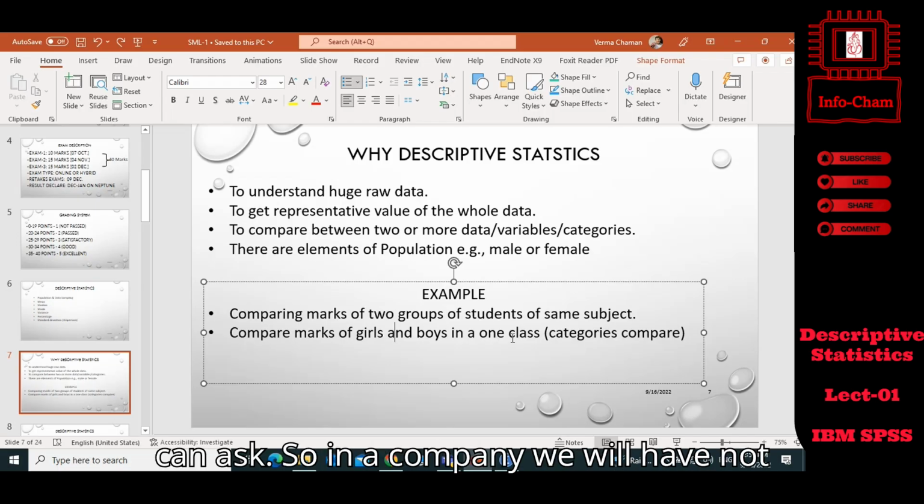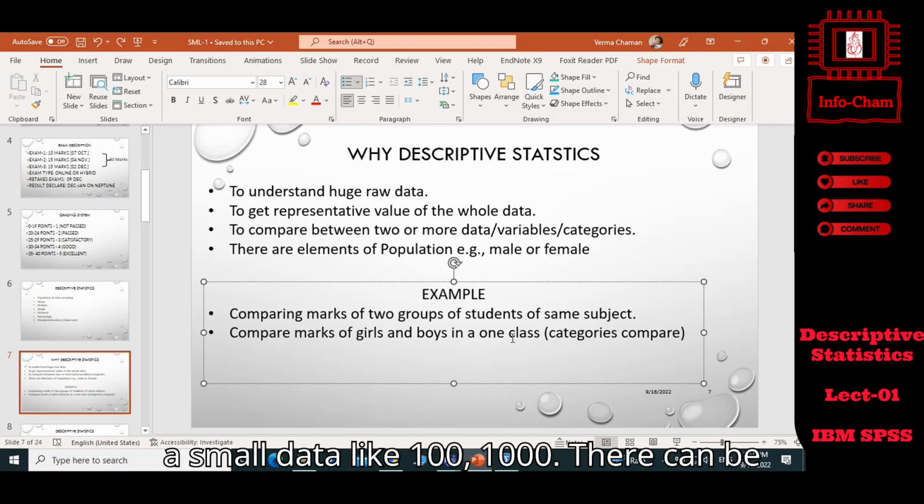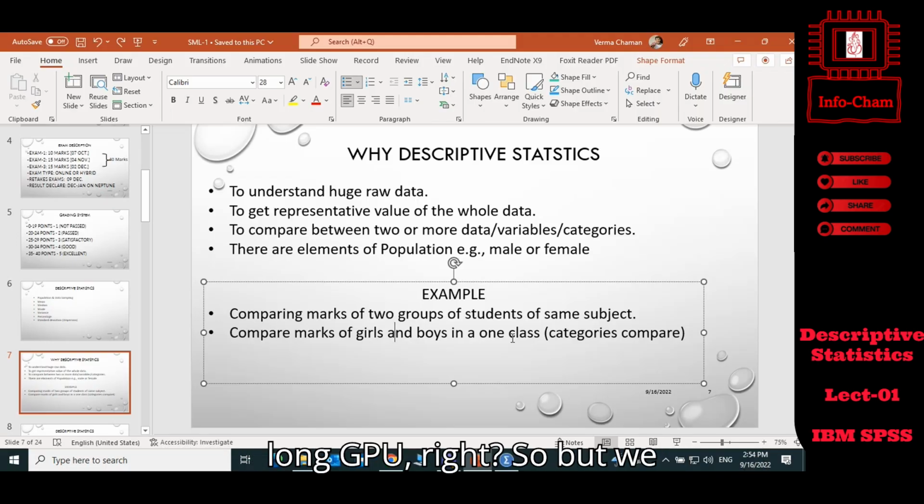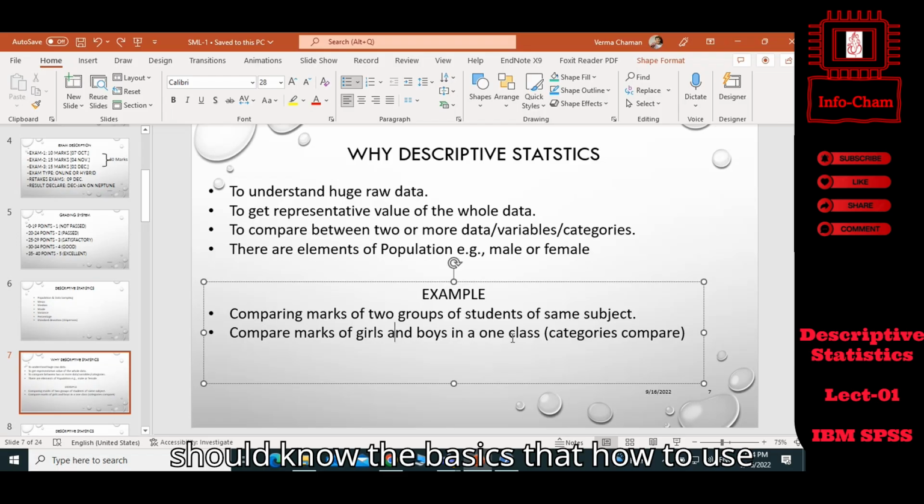In a company, we will not have small data like 100 or 1000. There can be a million terabytes of data, so you should have large memory, a large GPU, right? But we should know the basics of how to use it.